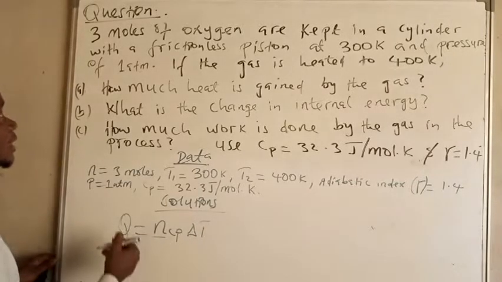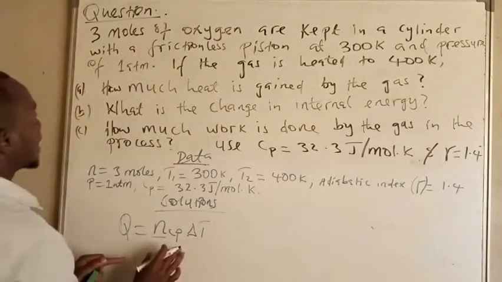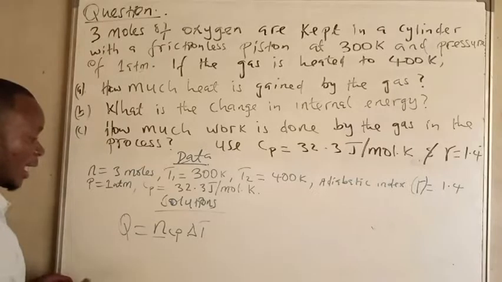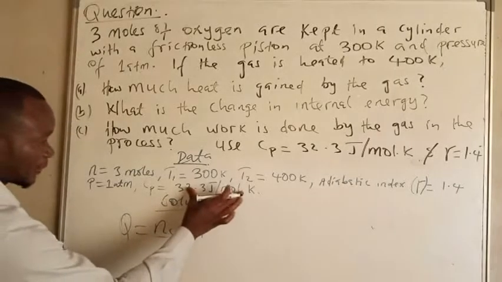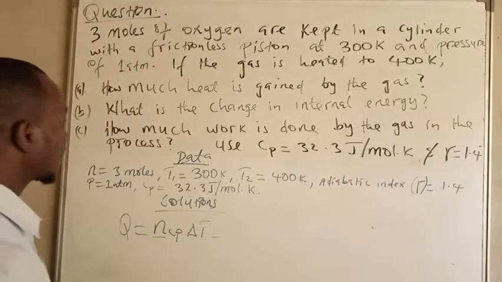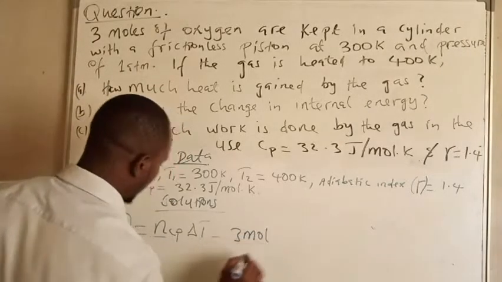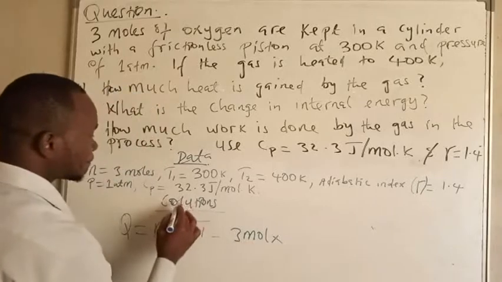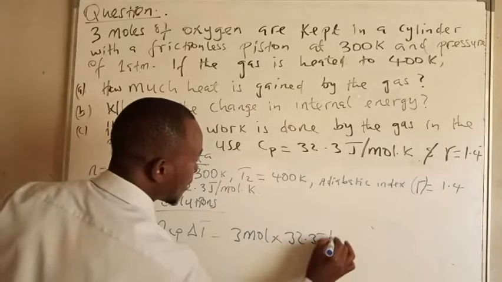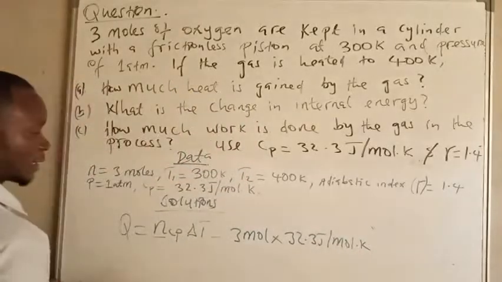So we just need to plug in the values now. The gas was kept at a constant pressure of 1 atm. Let's plug in the values: the number of moles, we have 3, times the Cp, which is 32.3 joules per mole per Kelvin, times the change in temperature.